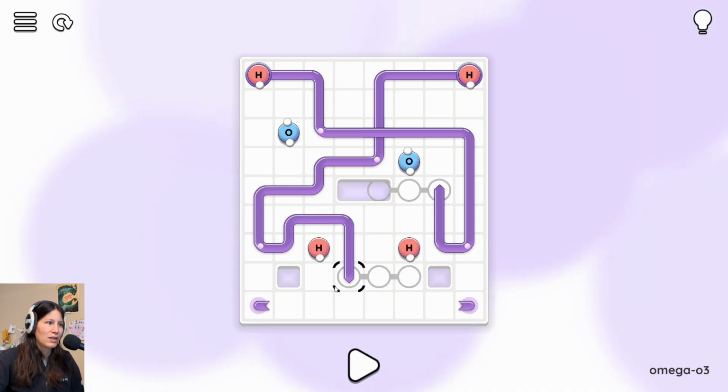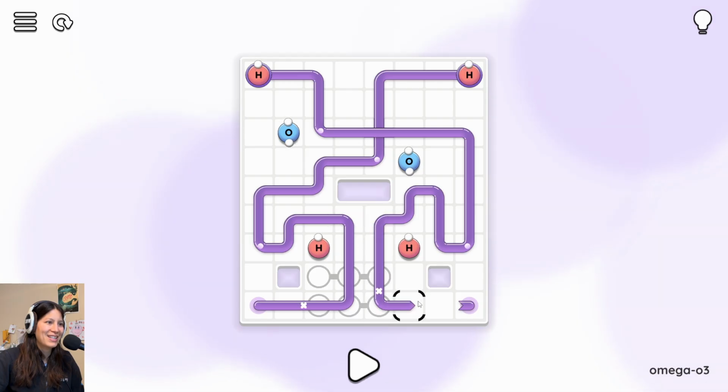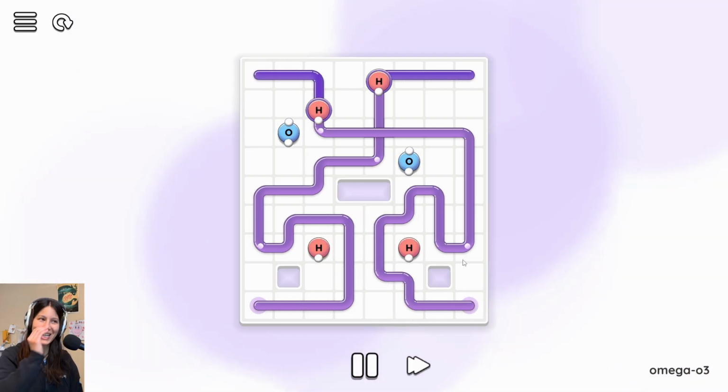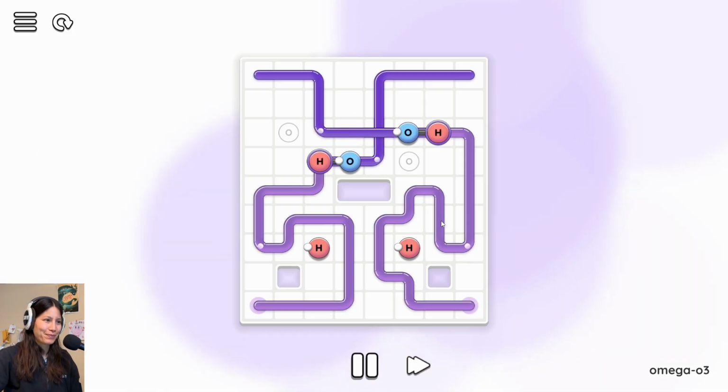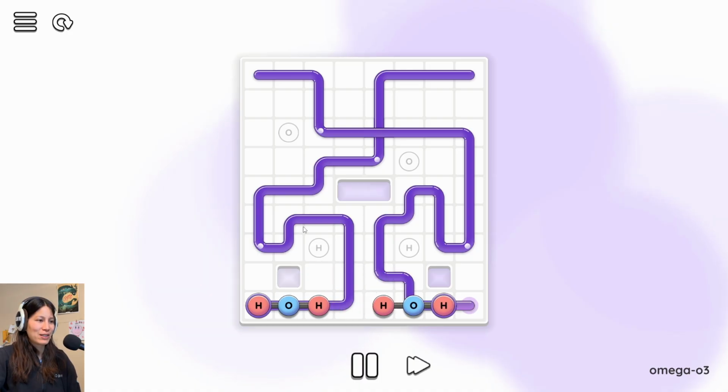Wait, oh, then I can go like this. Oh my gosh. Oh wait, and then this. And they're just missing each other. Do you really need that shadow like showing where they go? And bumping into each other.